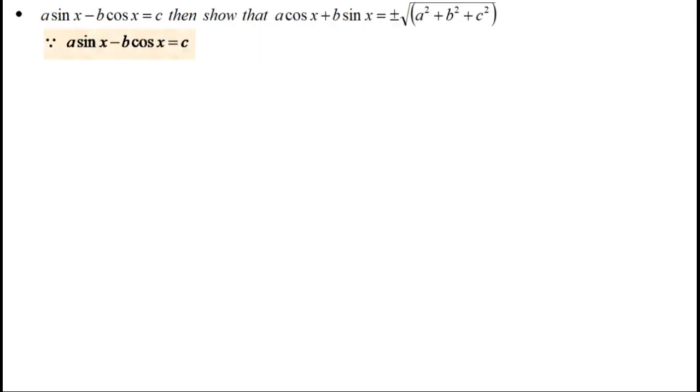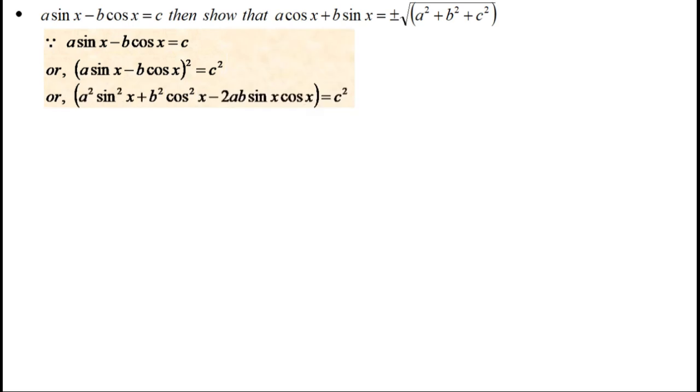Given that a sin x minus b cos x equals c, now square both sides and we get (a sin x minus b cos x) whole square equals c square. Now express it in the form a square sin square x plus b square cos square x minus 2ab sin x cos x equals c square.